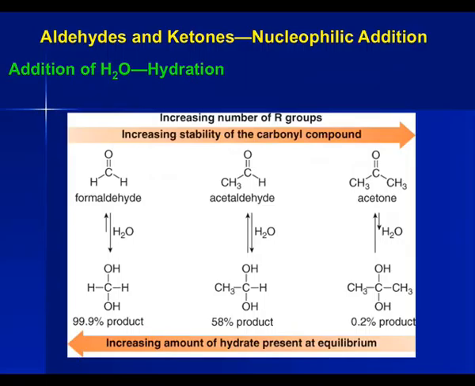Jones reagent is a mixture of chromium trioxide, sulfuric acid, and what do we dissolve sulfuric acid in? It's water. So once you form the aldehyde in a Jones oxidation, what does that aldehyde do? It reacts with water and forms the hydrate, which looks like an alcohol, and Jones oxidizes it again.